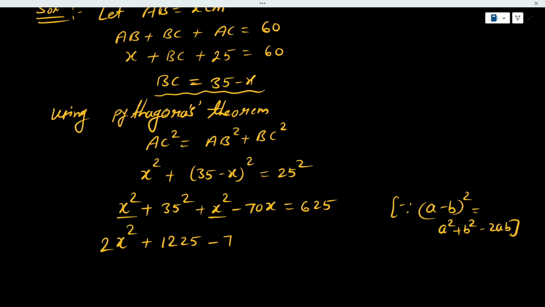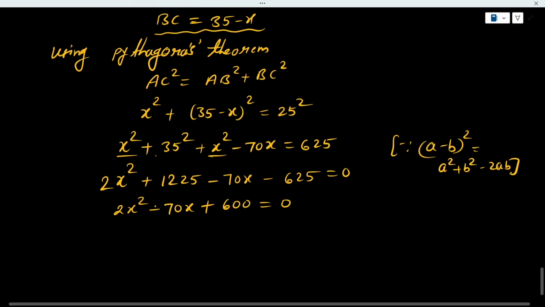Then minus 70x, minus 625 is equal to 0. Because for any quadratic equation you need to get the simplest form. Now rearrange it from highest to lowest power: 2x square minus 70x, and if you do the subtraction, 625 from 1225, you are left with 600. So it will be plus 600 is equal to 0.